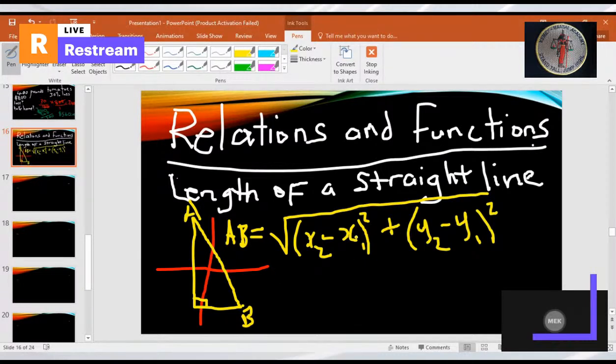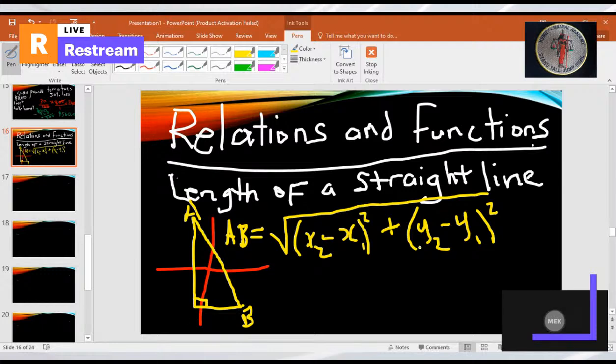So we're squaring the term, or the short side, the side along the x-axis. So the length here would be the difference between that x value and that x value. So that's what we have in here. And the length of this line would be the difference between the second y value and the first y value.